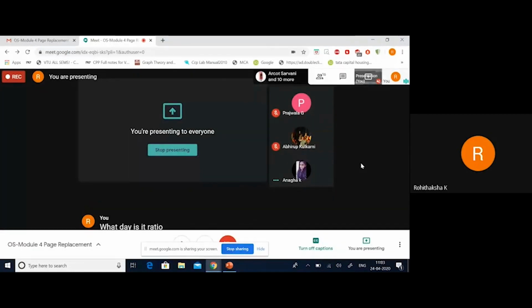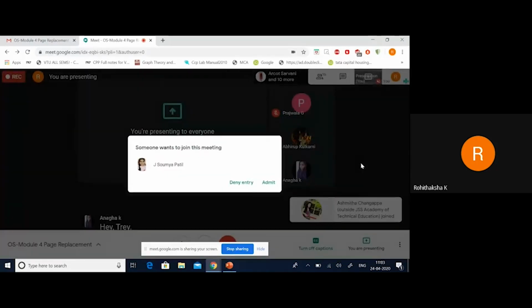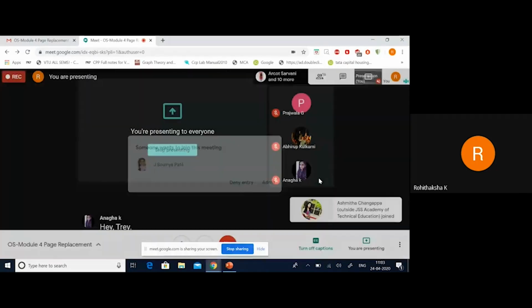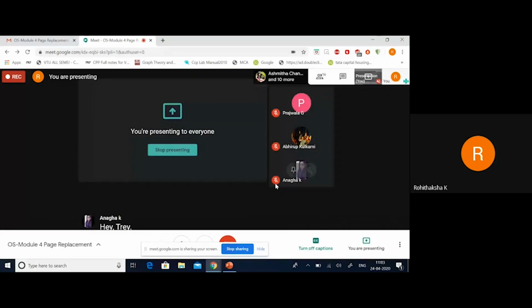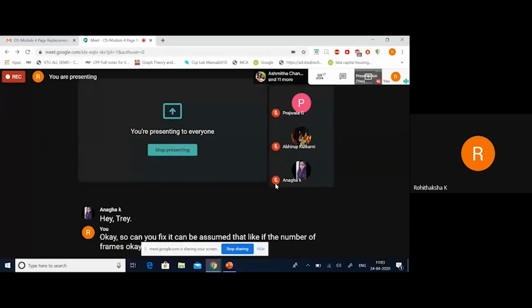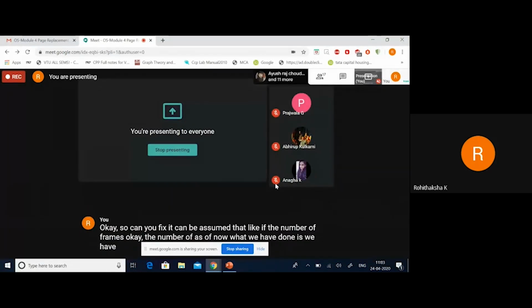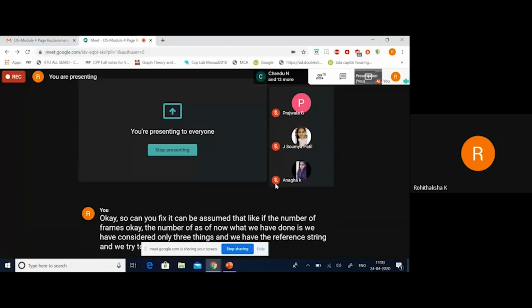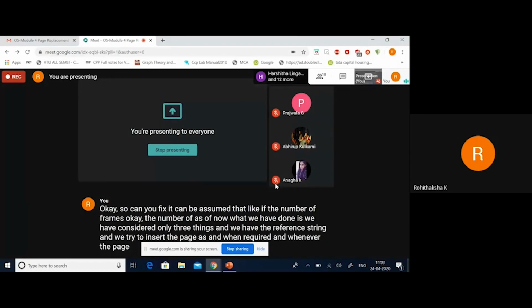As of now, we have considered only three frames and the reference string, and we inserted pages as and when required. Whenever a page fault occurred, we replaced the page based on the first in first out algorithm.